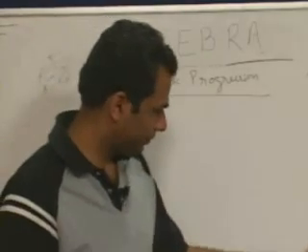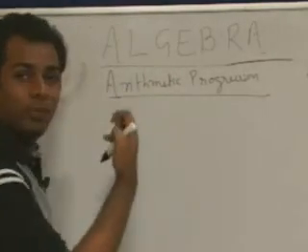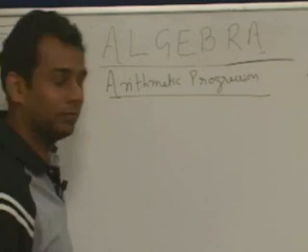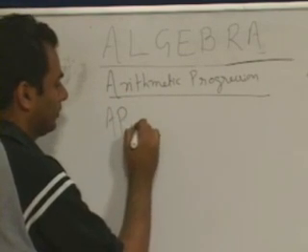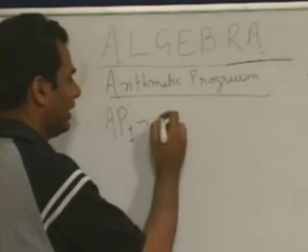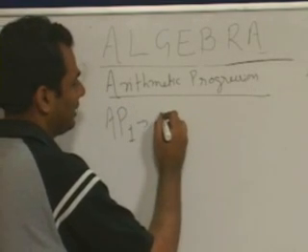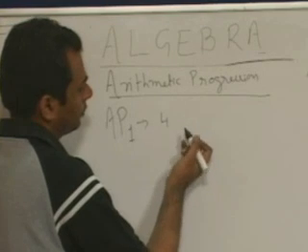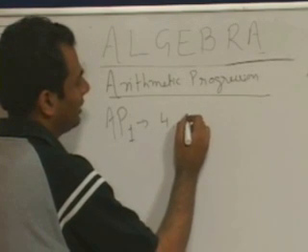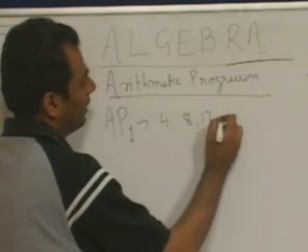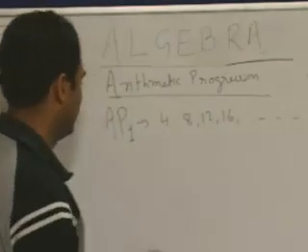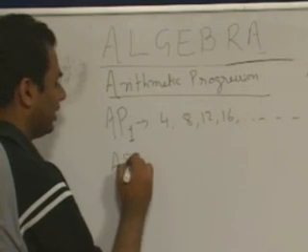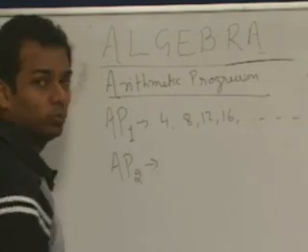Similarly, let's say there are two different arithmetic progression series. This is the first AP, I'll represent it by AP1. This AP1 is starting from 4, then the next term is 8, the next term is 12, the next term is 16, and so on. Let's say another arithmetic progression series which is AP2.